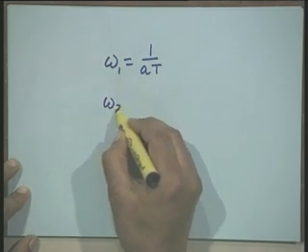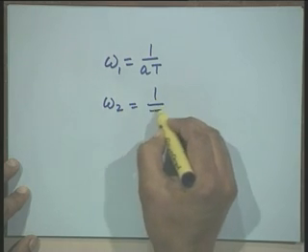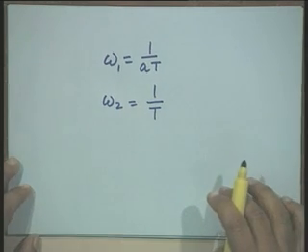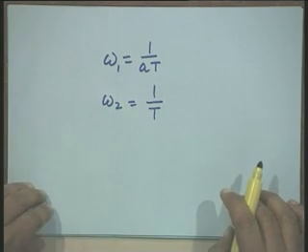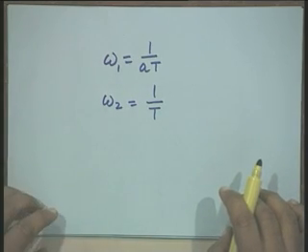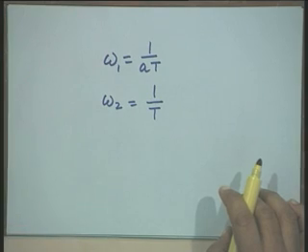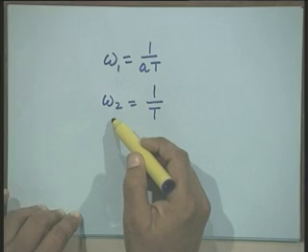Another corner frequency we can call omega 2 equal to 1/T. This particular transfer function will provide you the maximum phase lead at a frequency which will be the geometric mean of these two corner frequencies.